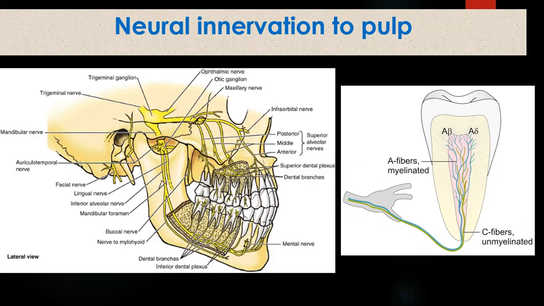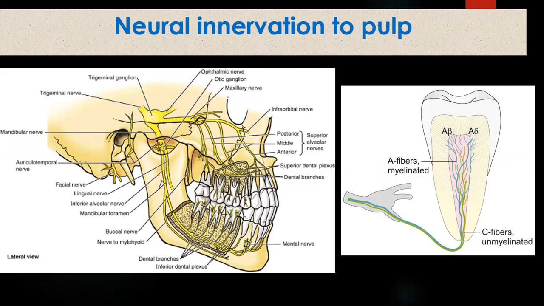They are present in the pulp horn, in the free nerve endings, and the free odontoblastic process. They end up in this odontoblastic process. So these are the first most fibers. They are the nociceptor fibers, right? What do we mean by nociceptor fibers? That they can induce pain only, right?